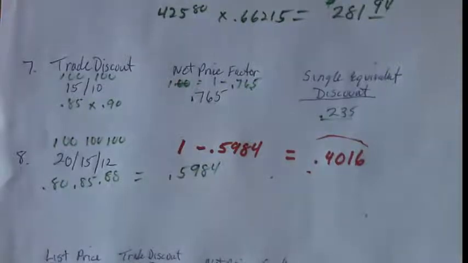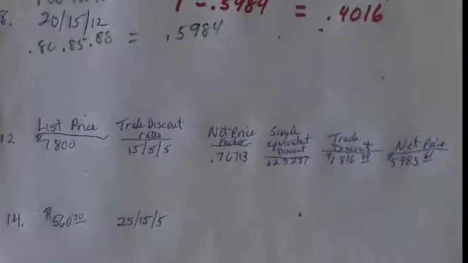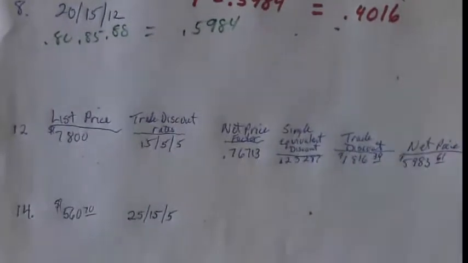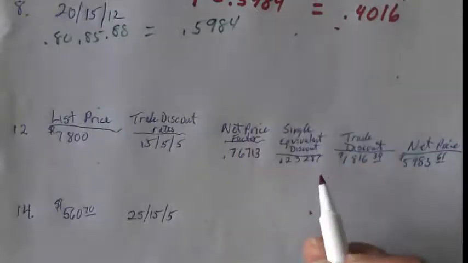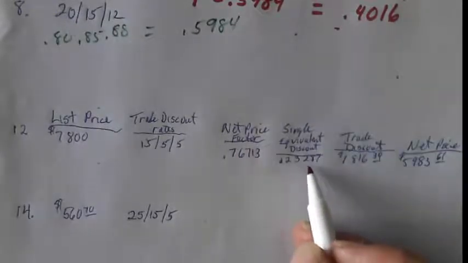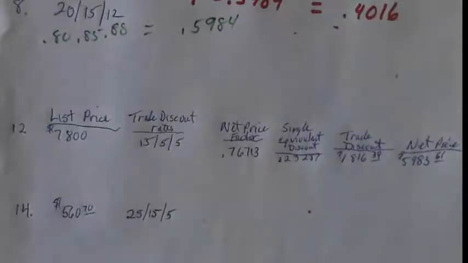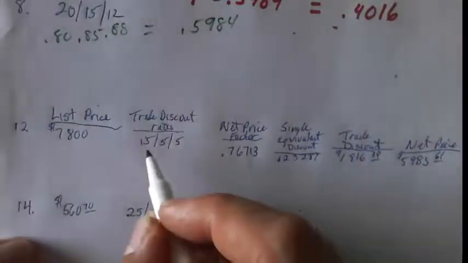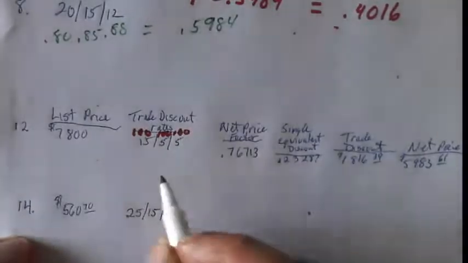Okay, continue on down. They're just adding more things to our problem. So we have list price, trade discount, net price factor, which we figured out below, single equivalent discount, trade discount, and then the net price. So they're just combining and adding more things to that. So again, we would have our 100 here in each one.